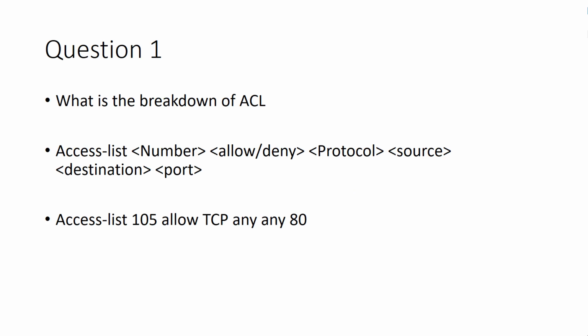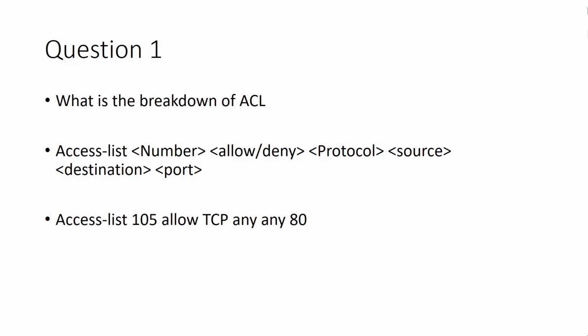Alright, so understand what an ACL does, understand the components of each ACE. Remember, the ACL is the list, the ACE is a specific entry. Make sure you understand that an ACE follows a specific structure, something like access list, a number, what you're allowed to do, the protocol, source.